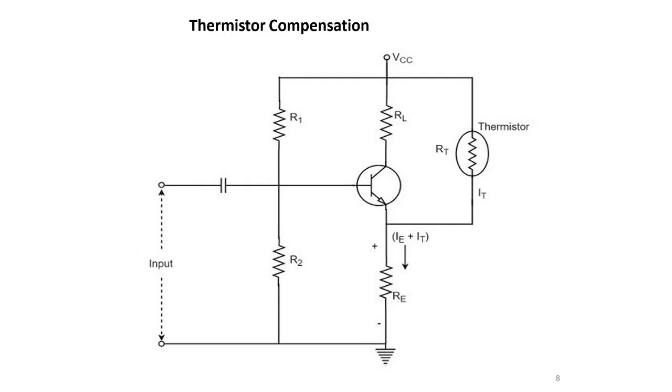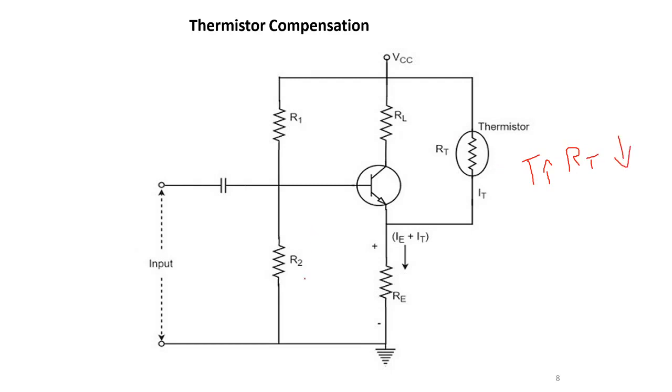Next one is the thermistor compensation circuit. If you observe, the thermistor has been placed in parallel with respect to R2. Thermistor has a negative temperature coefficient, nothing but whenever the temperature increases, the resistance value RT is going to decrease.